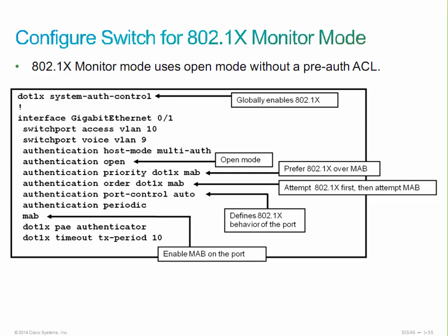Let's talk about some scenarios, right? This scenario is pretty standard, where .1x is preferred over MAC authentication bypass. It's kind of the default, actually. The priority changes, though, if you actually change the order.